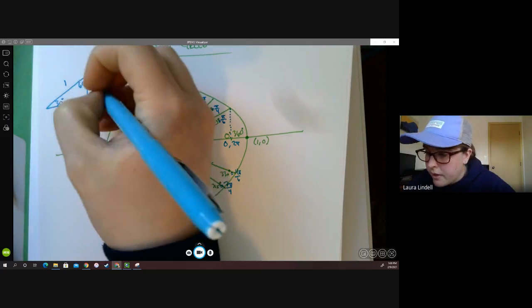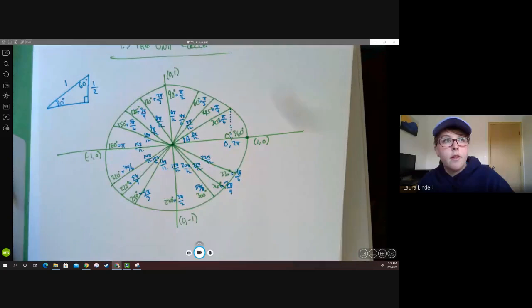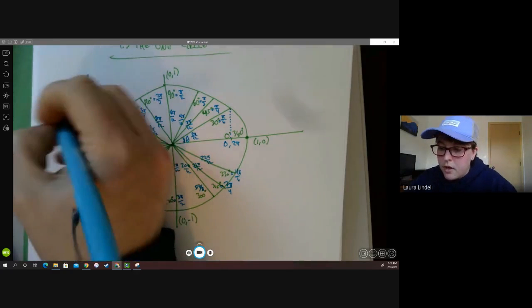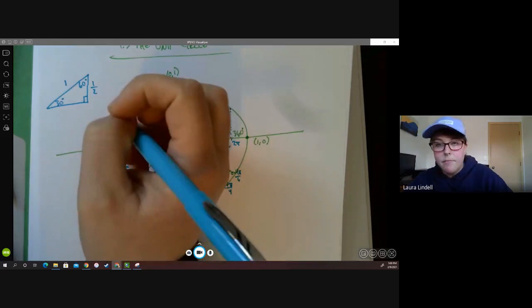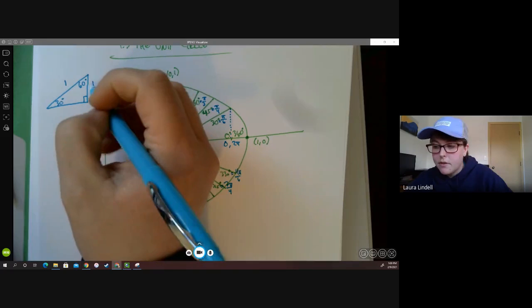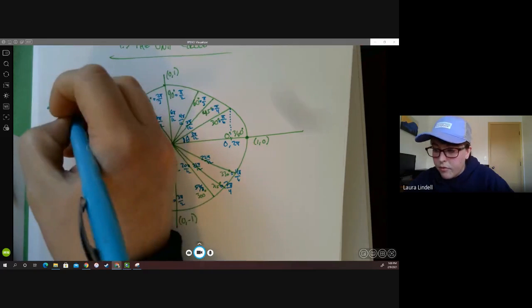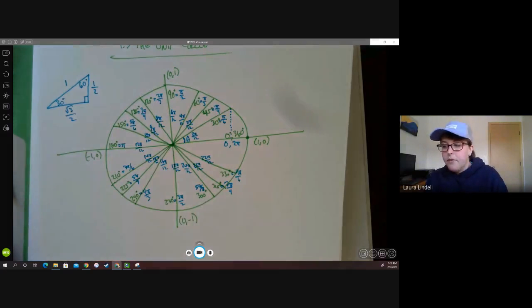So half of 1 is 1/2. And then I also know that the long leg on a 30, 60, 90 is root 3 times the short leg. So root 3 times 1/2 is root 3 over 2.